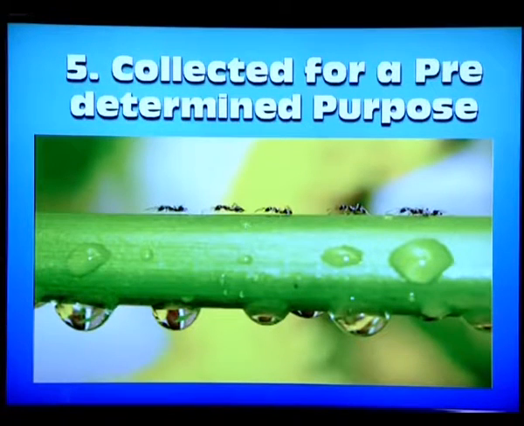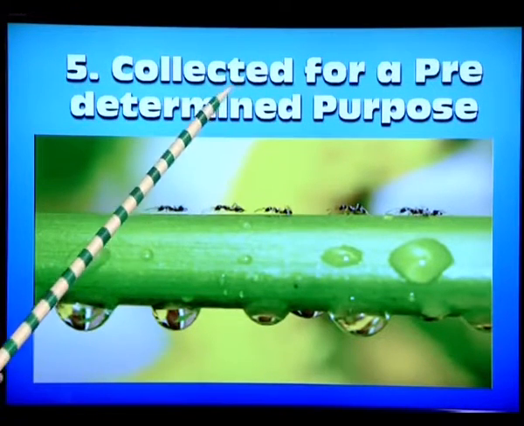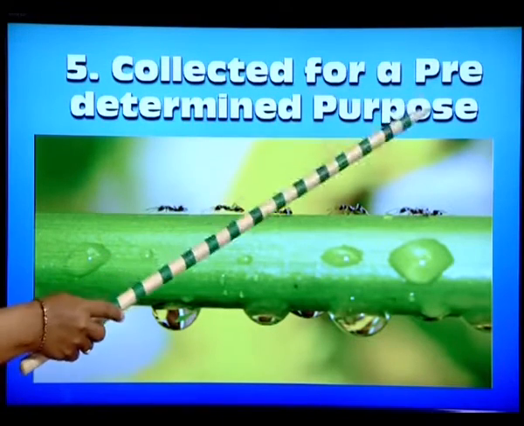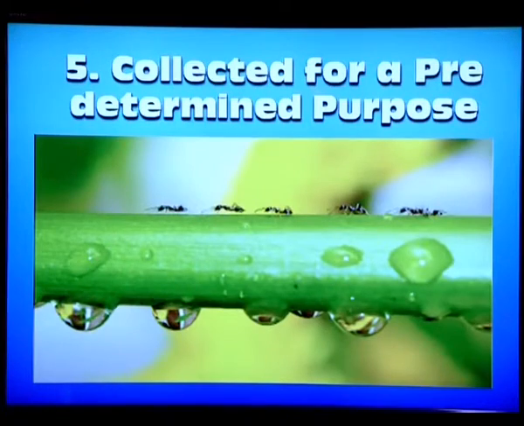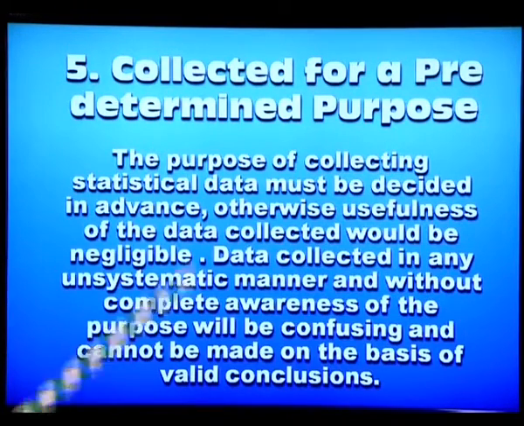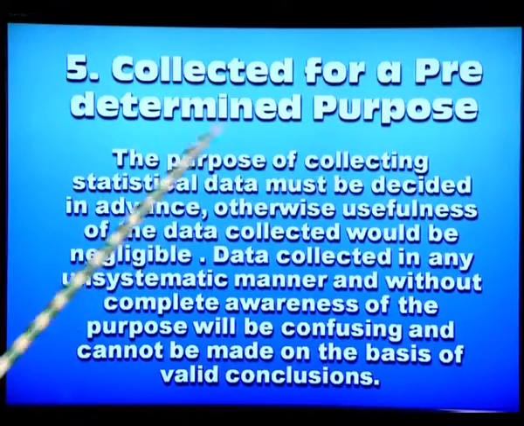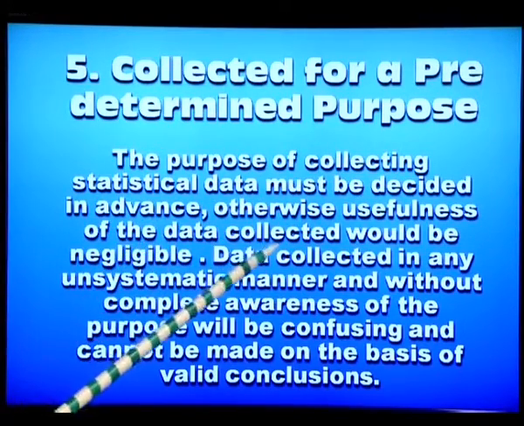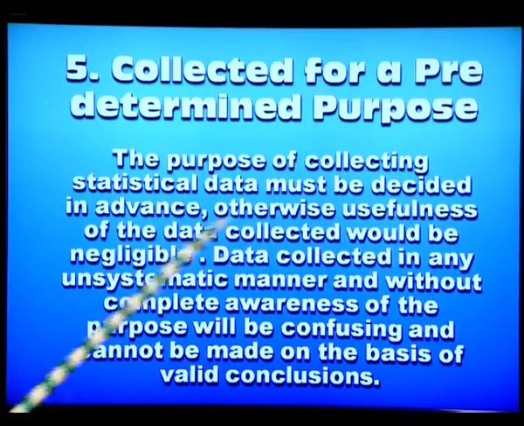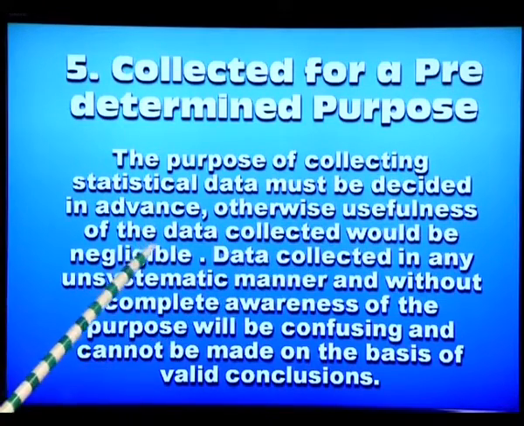Now, let us come to the fifth aspect of statistics, and that is that statistics are collected for a predetermined purpose. What does this mean? The purpose of collecting statistical data must be decided in advance. Otherwise, usefulness of the data collected would be negligible.